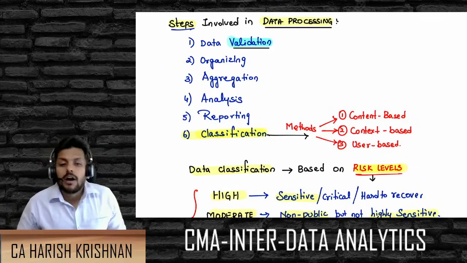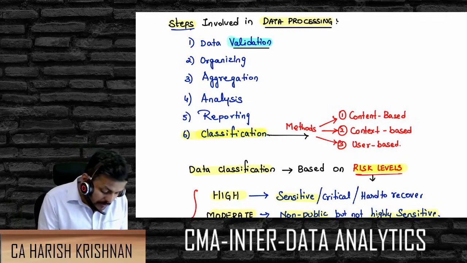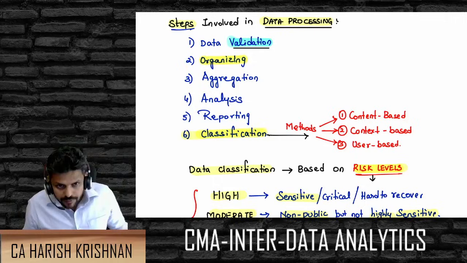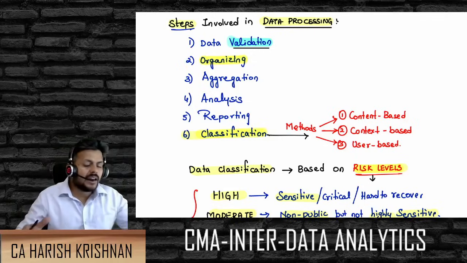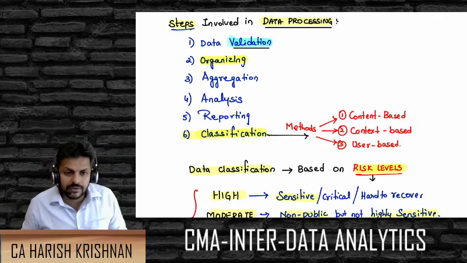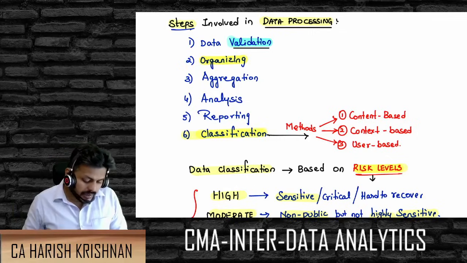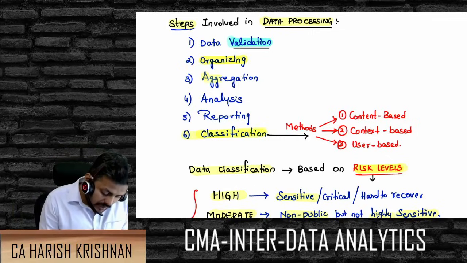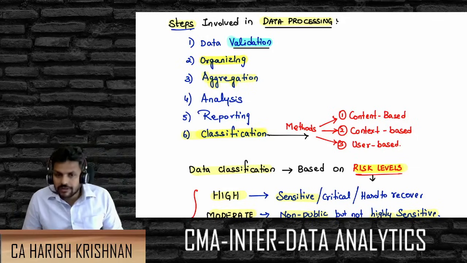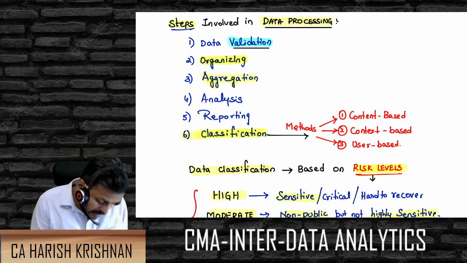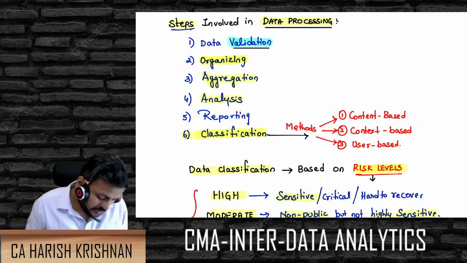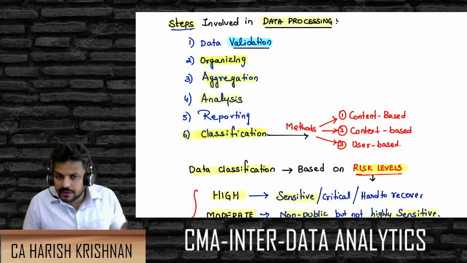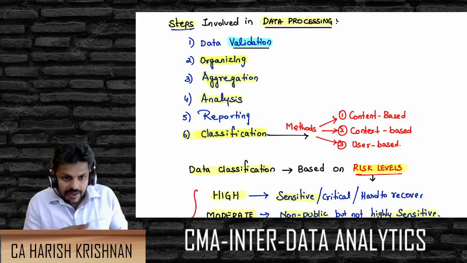Then organizing data into a proper form or format. Gathering all the data to one place, that is called aggregation of data. Then we are talking about analysis of the data. So aggregation means grouping all the relevant data in one place.